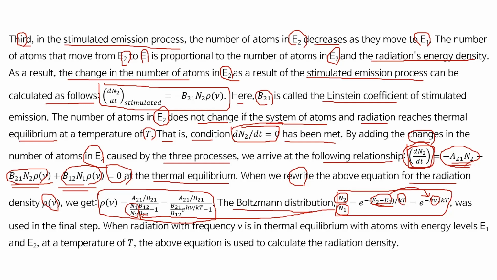So in the thermal equilibrium between atom systems and surrounding radiation, the radiation energy is represented by this equation. When radiation with frequency nu is in thermal equilibrium with atoms with energy levels E1 and E2 at temperature of T, the above equation is used to calculate the radiation energy density.